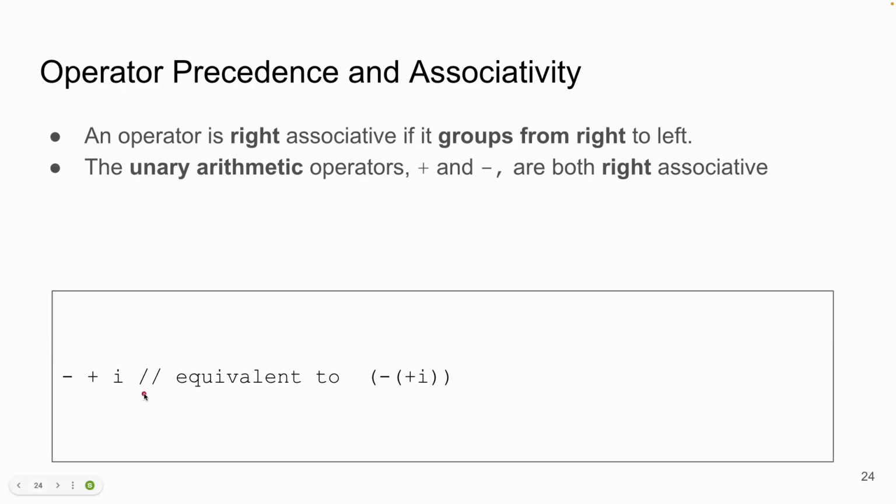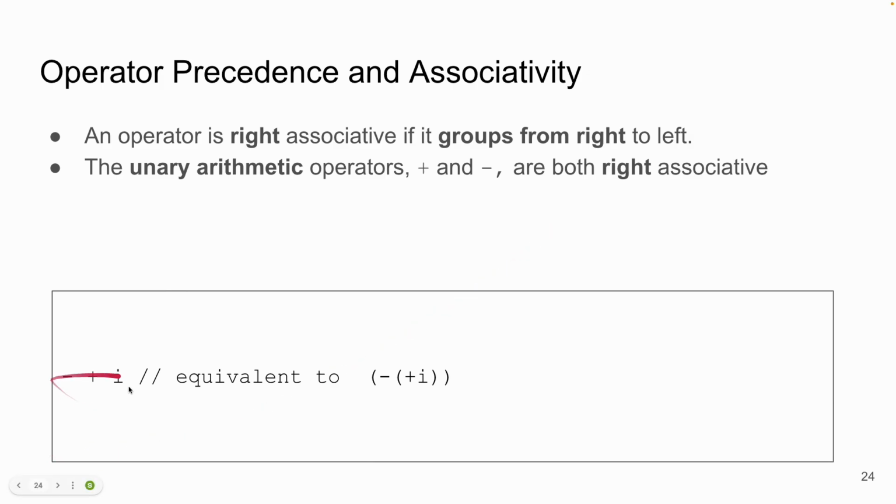And we also have another kind of operator, the right associative ones. If an operator is right associative, we need to group them from right to left. All the unary arithmetic operators are right associative.